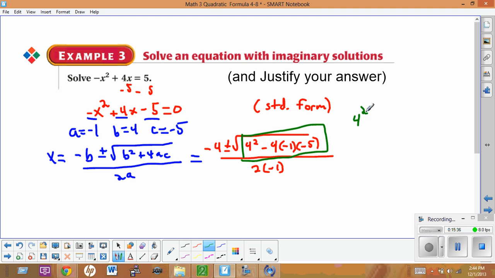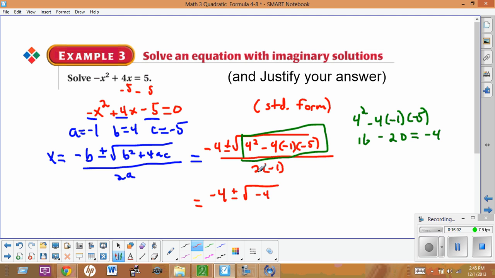So order of operations, exponent first. A negative times a negative times a negative will be negative. 4 times 1 times 5 is 20. So this appears to be 16 minus 20, or negative 4. So that means we have negative 4 plus or minus the square root of negative 4, and 2 times negative 1 is all over negative 2.